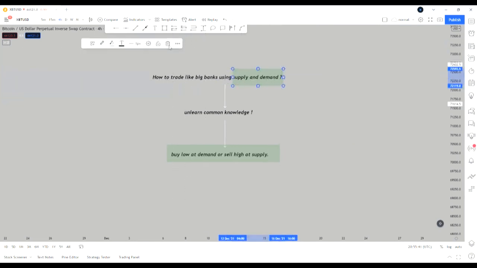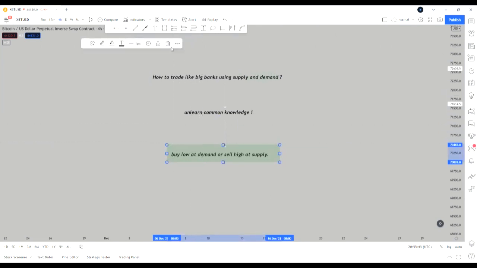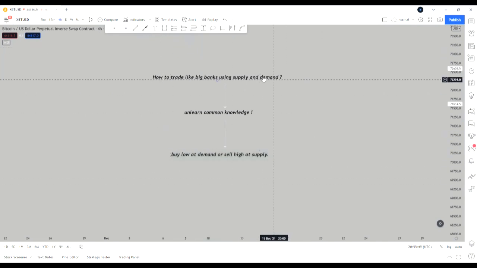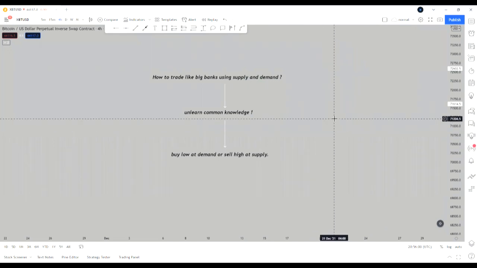I will show that now in a little example based on supply and demand. Keep in mind this is a supply example, so on the demand side you just have to switch it up. It's basically the same thing.